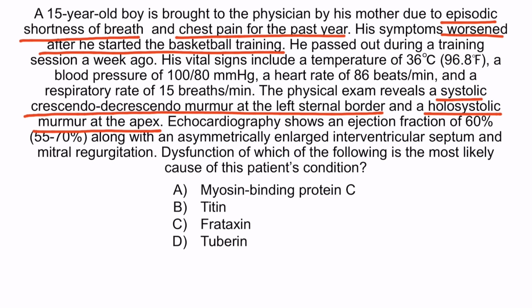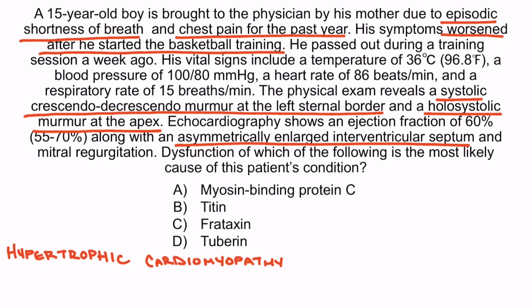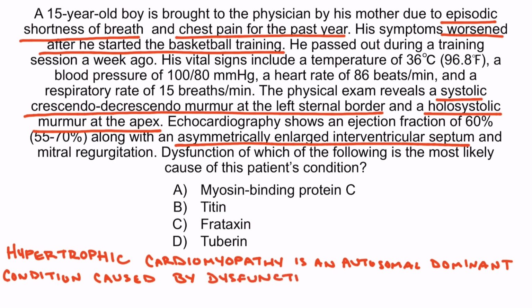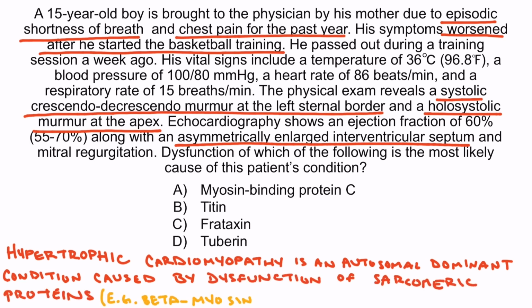Hypertrophic obstructive cardiomyopathy is confirmed by the echocardiography finding of an asymmetrically enlarged interventricular septum. Hypertrophic obstructive cardiomyopathy is an autosomal dominant condition commonly caused by dysfunction of sarcomeric proteins such as beta-myosin heavy chain and myosin-binding protein C. So the correct answer is option A.